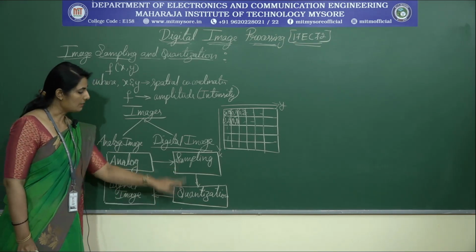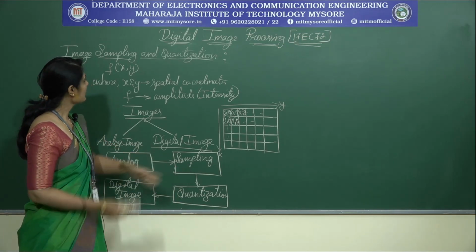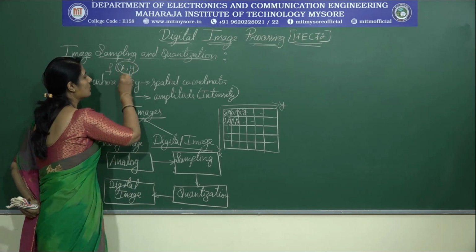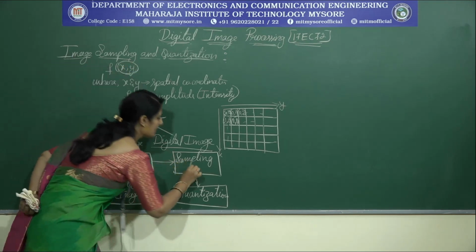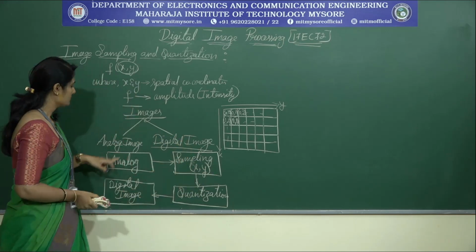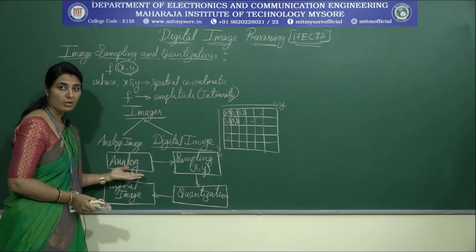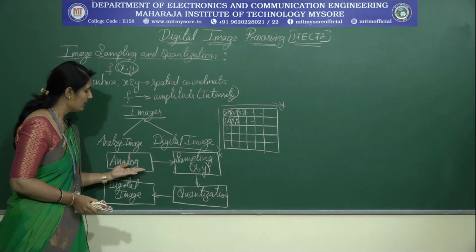So what do you mean by sampling and quantization? Sampling means digitizing the coordinate values x and y. In analog images, x, y and f are all continuous, so their values are continuous.